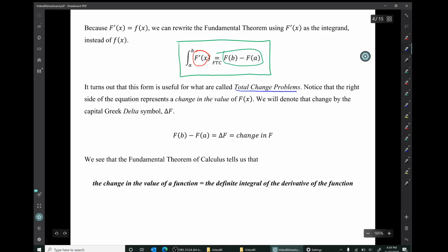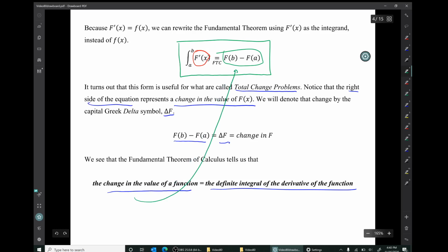Notice that the right side of the equation represents a change in the value of capital F of x. We can denote that change by the Greek capital delta. So we write delta capital F. So this difference, capital F of b minus capital F of a, is delta capital F. So we see that what the fundamental theorem of calculus tells us is that the change in the value of a function equals the definite integral of the derivative of the function.